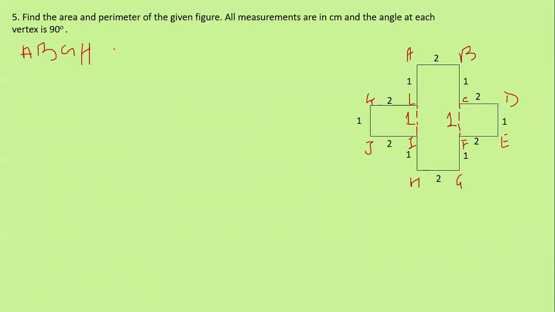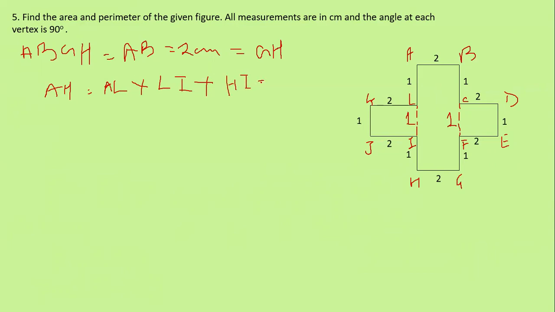So we know AB is equals to 2 centimeter, right? Which is again equals to GH. ठीक है? Now what about this total AH? So AH जो भी है, it is actually equals to AL plus LI plus HI, right?